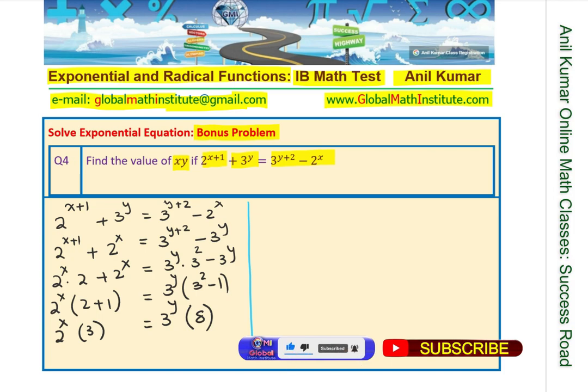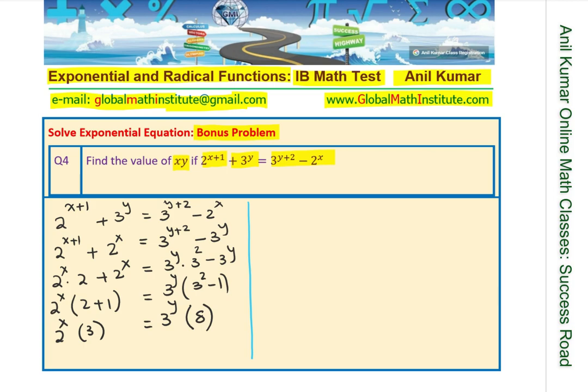So we have this expression, which is 2 to the power of x times 3 equals 3 to the power of y times 8. Now, to solve this, one solution we could have is both sides equal to 1.